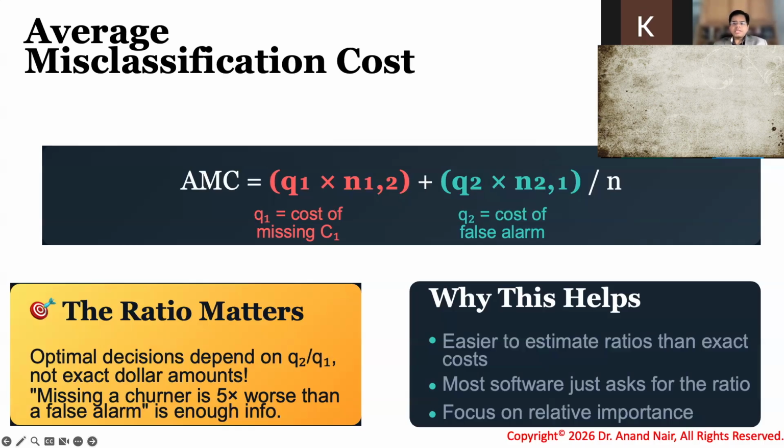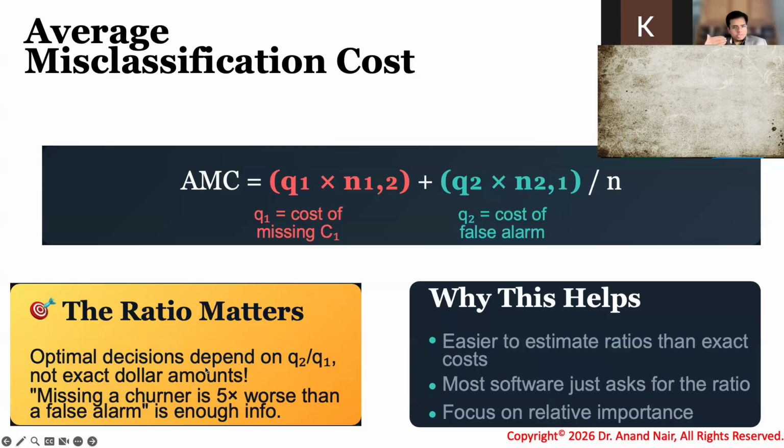So what would happen in such situations is you would ask these business managers what exactly they think about missing a churner in terms of how worse it is compared to a false alarm. If they say, let's say it's 250 times worse than a false alarm, it basically captures that ratio of Q2 divided by Q1. So in our average misclassification situations, we typically rely on this ratio, which is enough to tune our models appropriately. And that's something which many software tools are just asking for, this ratio.